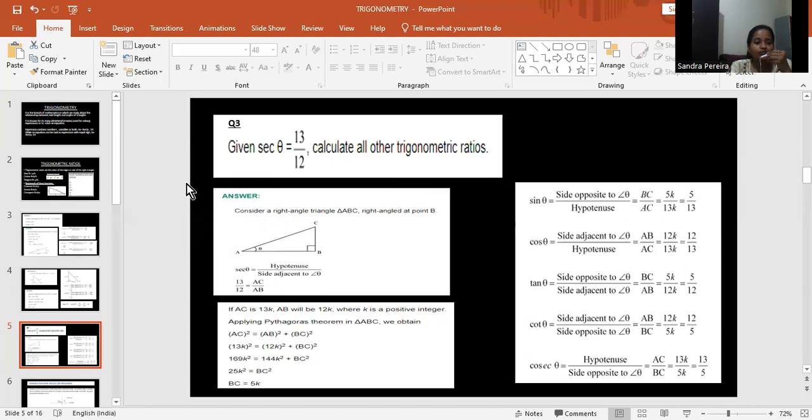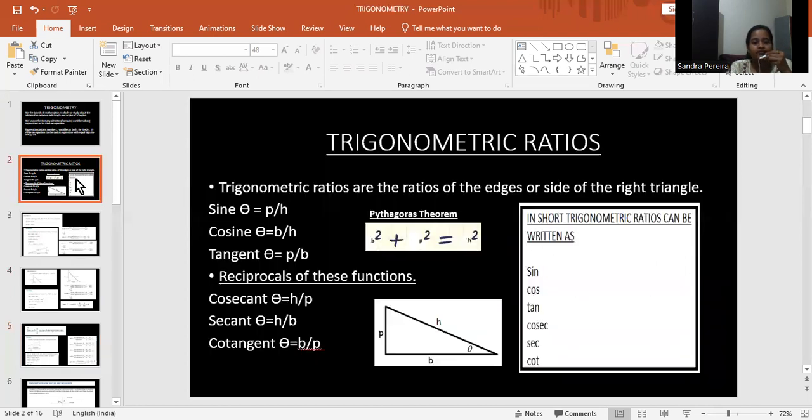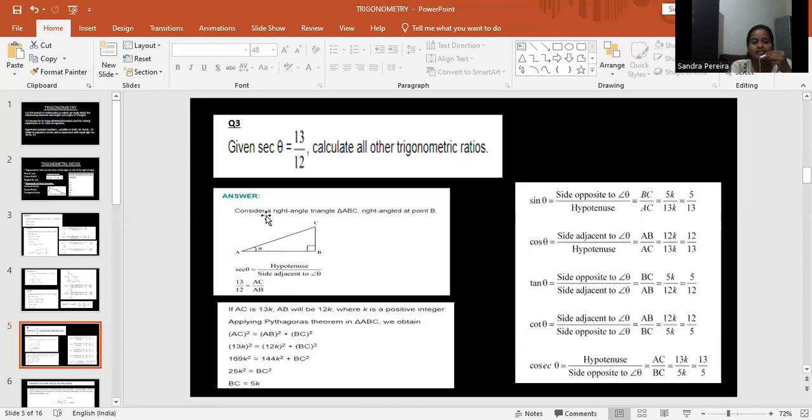I will show you here: cos is B by H, and sec is H by B. So the reciprocal of cos theta is our sec theta, and this is the ratio given.